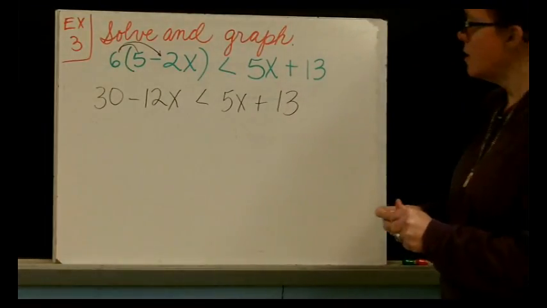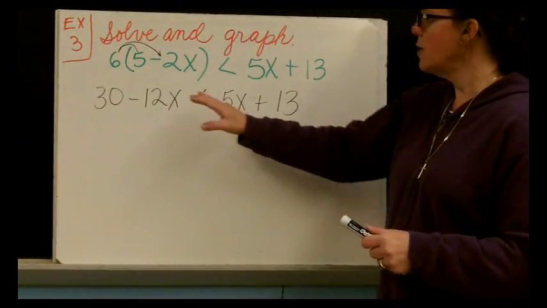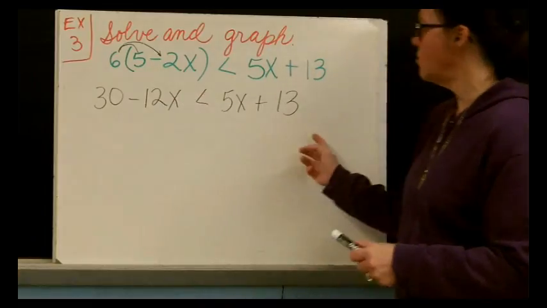So this is like, see, we have the variable on both sides, and we have a constant on both sides.